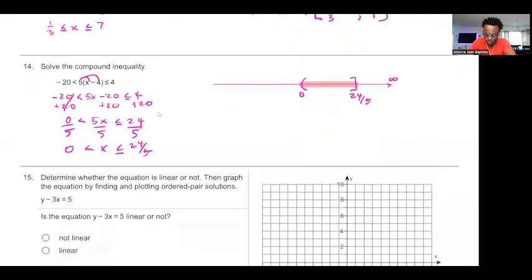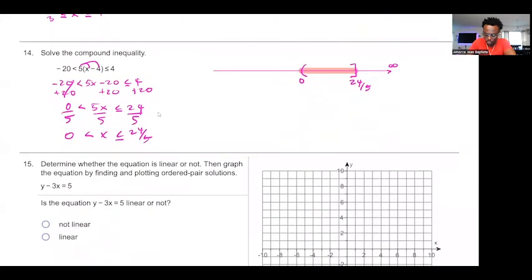And then the interval notation for this will be from 0, that's a graph, and that's your interval notation. 24 over 5 is the answer for that.